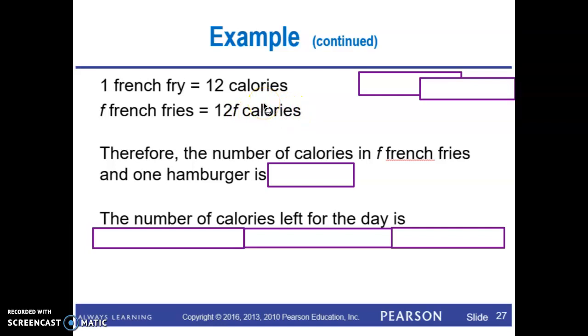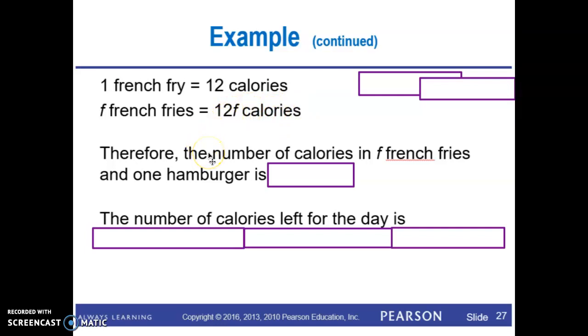And again, that's that same idea of thinking through the units that we had on miles per hour, but this one may be more like the dollars where it's a little bit more obvious to your students. Maybe not. Maybe you're going to have to work through that with them, but the idea of F French fries giving you a certain number of calories is a little bit more clear, I think.